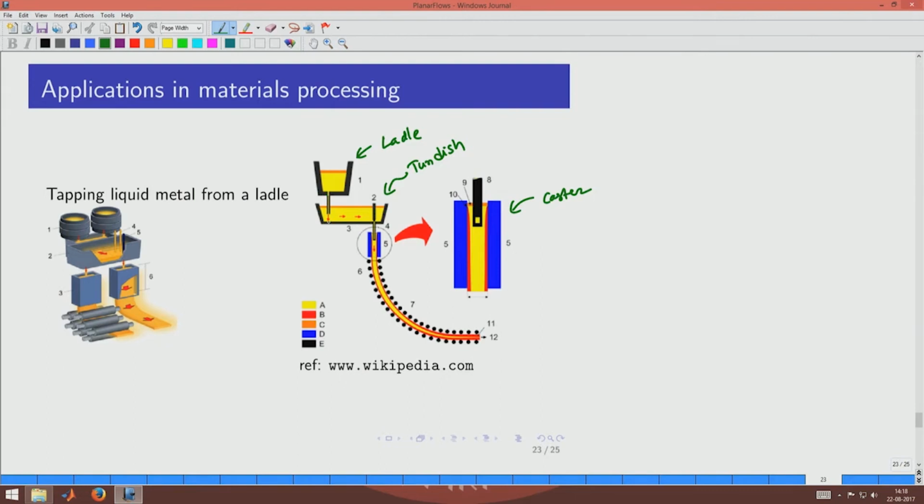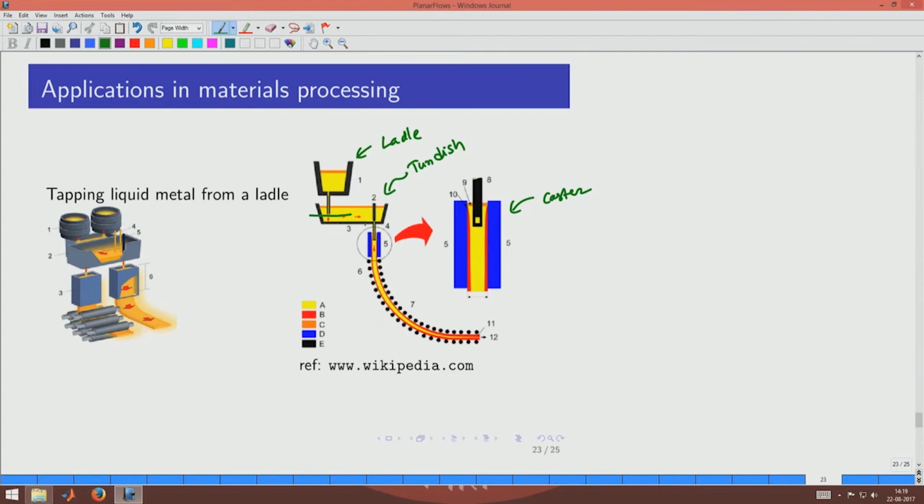So, which means that you could describe the flow of the liquid metal at the bottom of the ladle using an elementary planar flow field, which is basically a sink flow. So, a sink flow is adequate to describe the flow in this region. You could also describe, in the case where the flow is not very turbulent, that in this plane you could use source flow to see how the flow is happening.